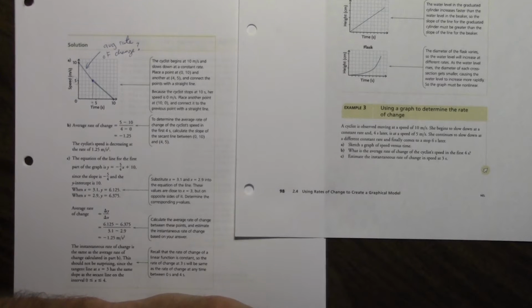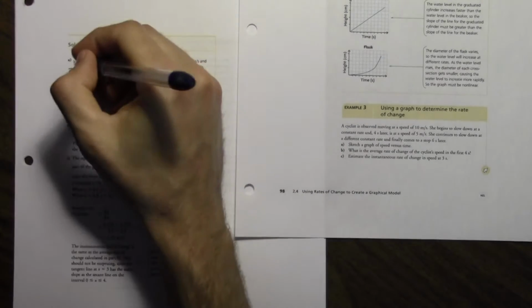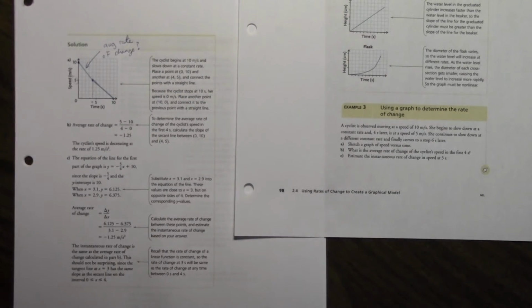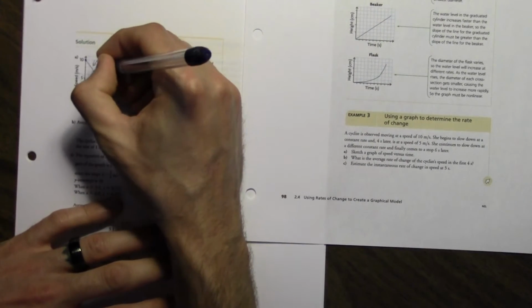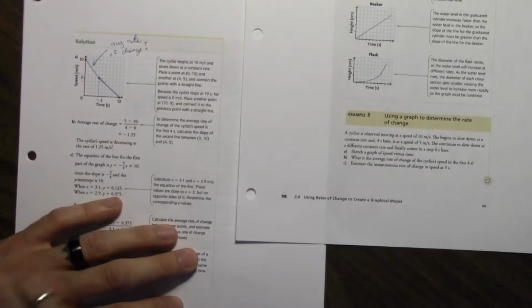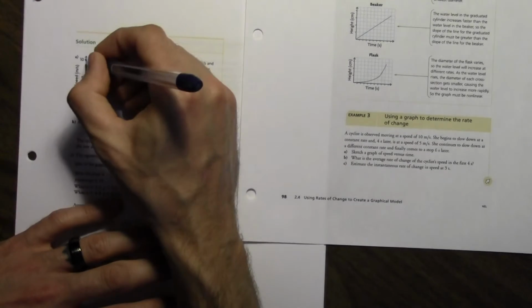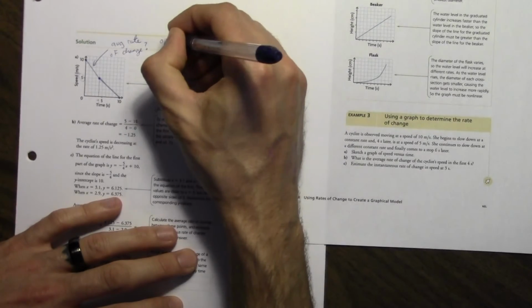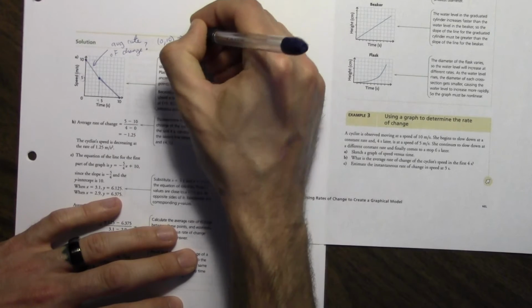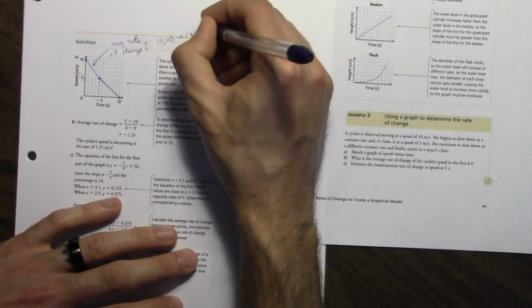I don't think any points really matter, but you take the first point and another point between 1 and 4. Right, that's important. It doesn't matter if I take this point and this point or this point and this point because it's a straight line. But the easiest points are going to be these two because we have units for them, right? So we're going to take 0 and 10 and 4 and 5.